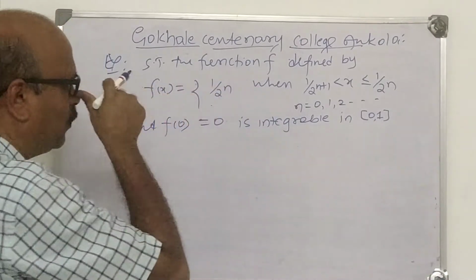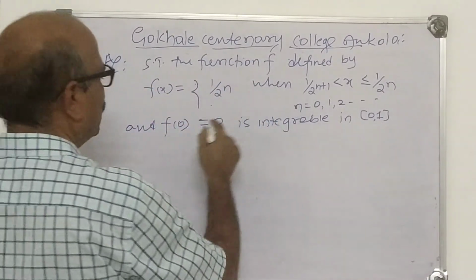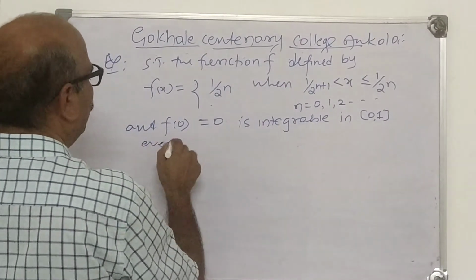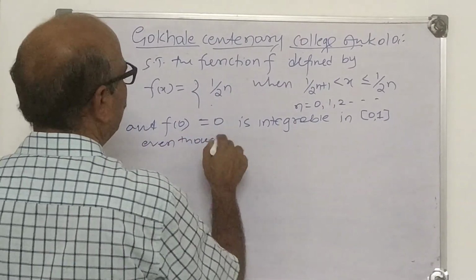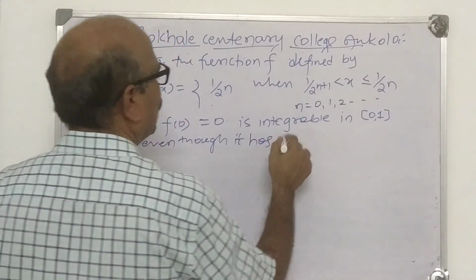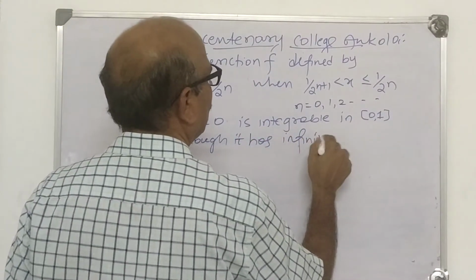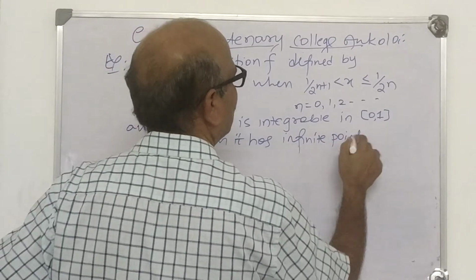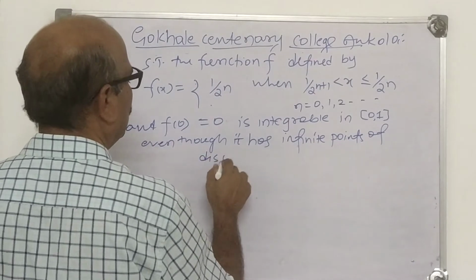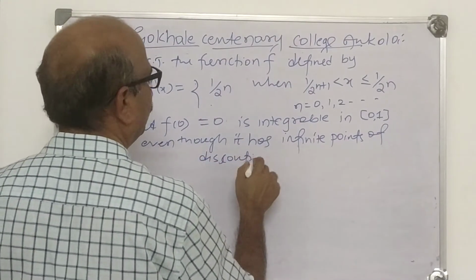Show that the function f defined by f(x) is this and f(0) is 0 is integrable in [0, 1], even though it has infinite points of discontinuities.